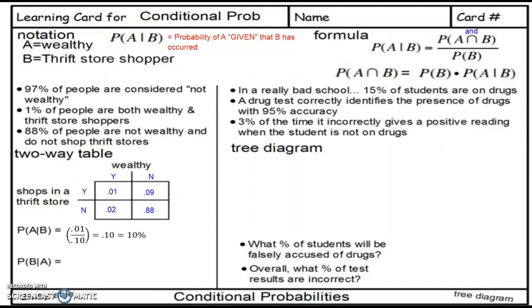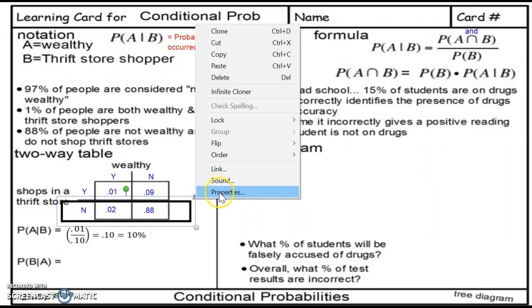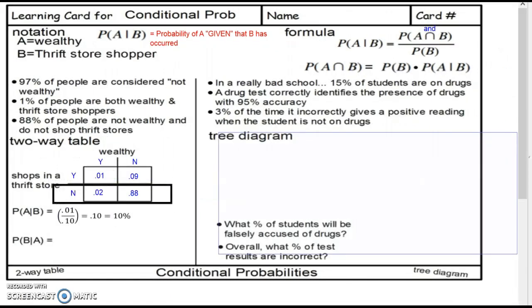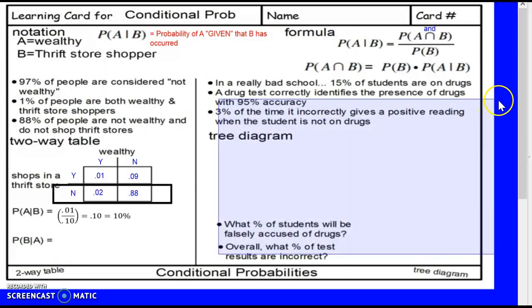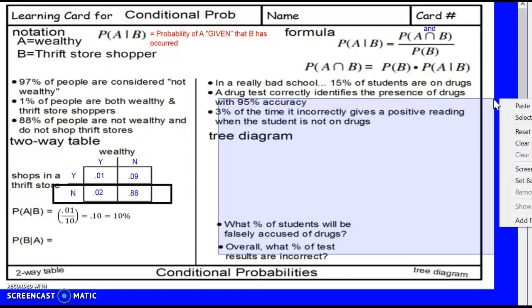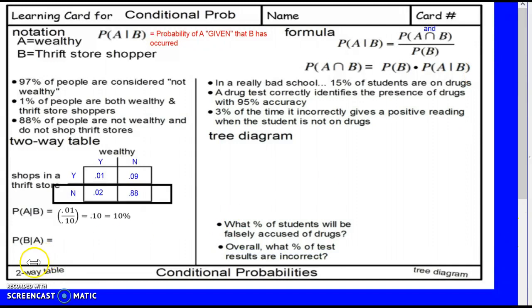Now, if we have a two-way table like this, a contingency table, one thing we can do is cover up what we don't want. This says the probability of being wealthy given they are a thrift store shopper. So we don't care about those that are not thrift store shoppers. So I could cover this up. Sorry for those of you watching the video trying to figure out what's going on.